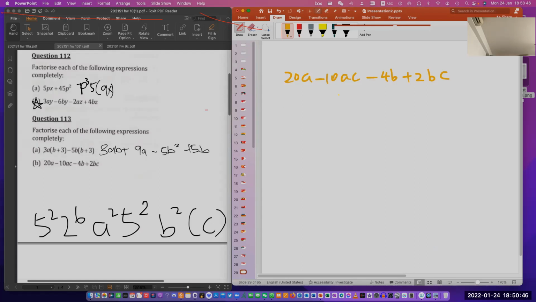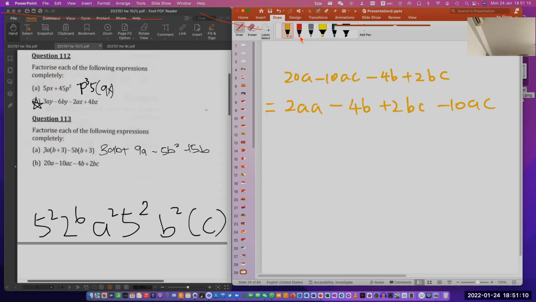So I have 4 terms, so I take 2 terms plus 2 terms. So I see 20a minus 4b, and I also see plus 2bc minus 10ac. Then you must be wondering, hey, why do you want to group them as such?